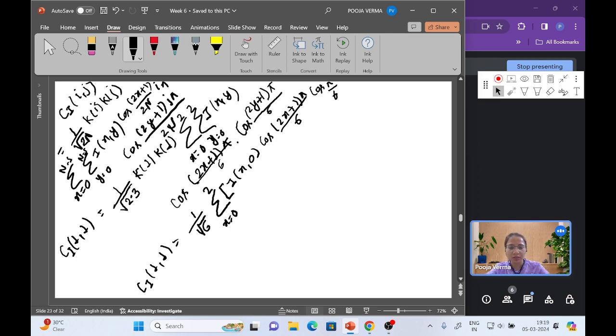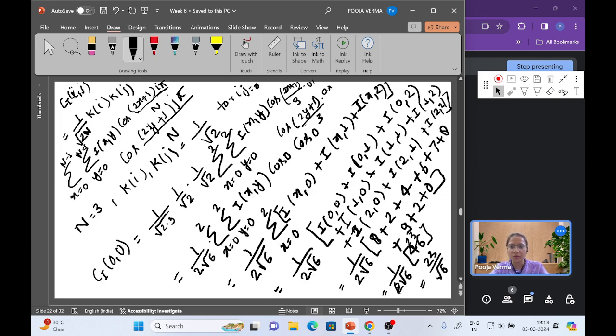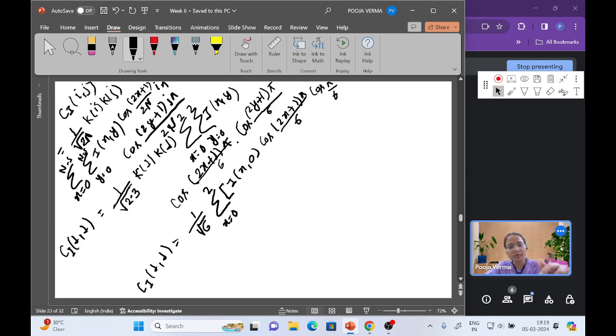Okay, in the equation you can see this is 2n, not n, so 2 into 3 is 6. There is no difference because the whole part is getting 0, cos 0 and cos 0, so it is correct, the first one is okay. Okay, so we have put y equal to 0. Now the next value is y equal to 1, so plus. So yeah, does anyone want to say something or ask something?